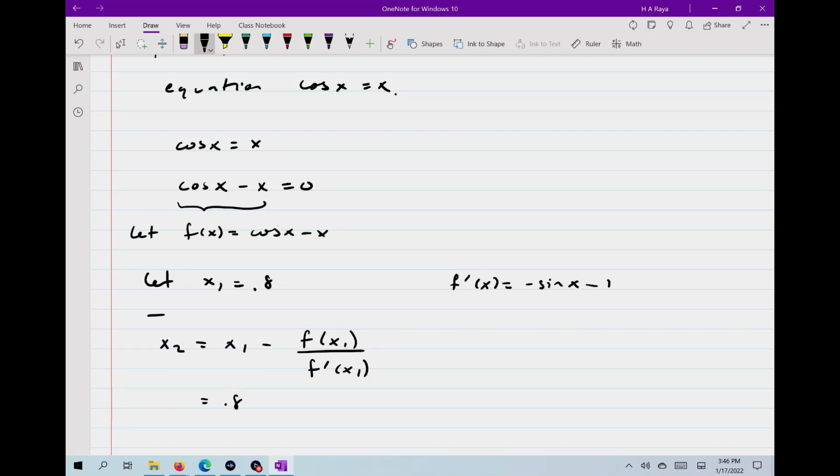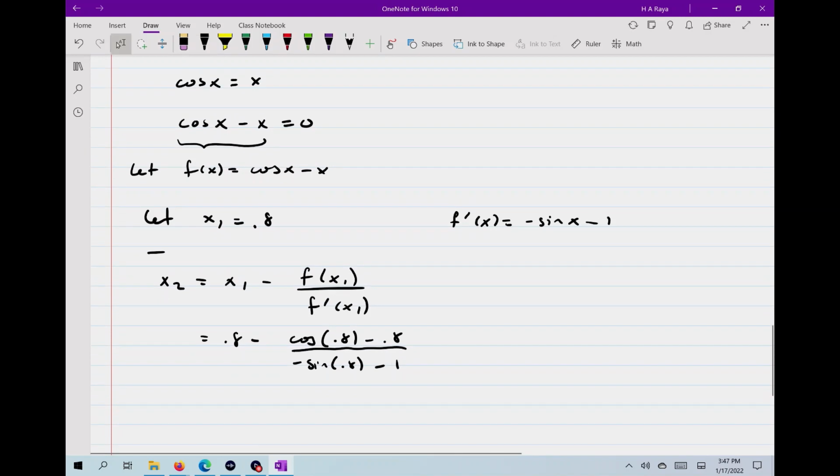So x2 would be 0.8 minus cosine of 0.8 minus 0.8 divided by negative sine of 0.8 minus 1. And this is approximately 0.7398533.